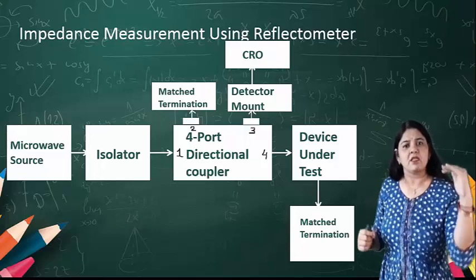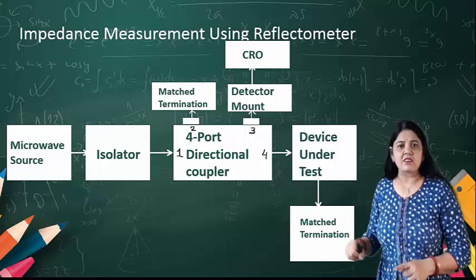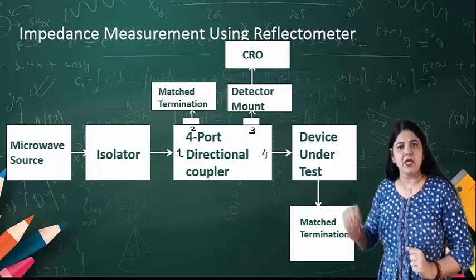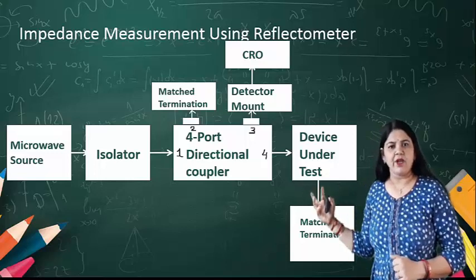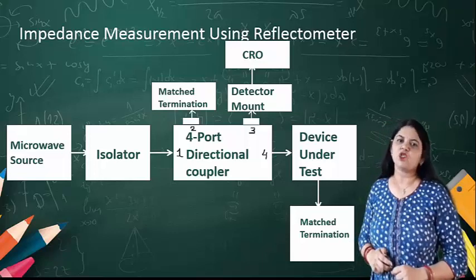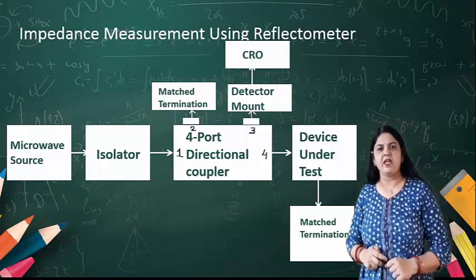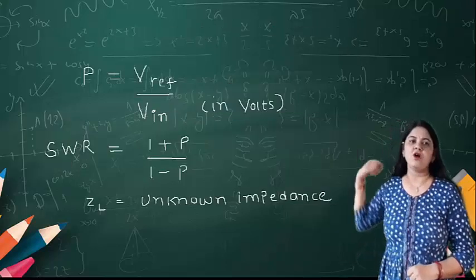The power from port number 1 will pass through port number 3 and to port number 4, and we can find out the signal. This way we can find out the impedance using the reflectometer.